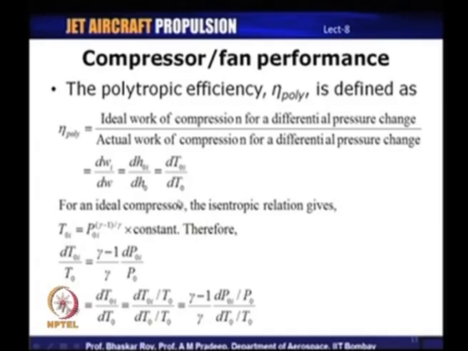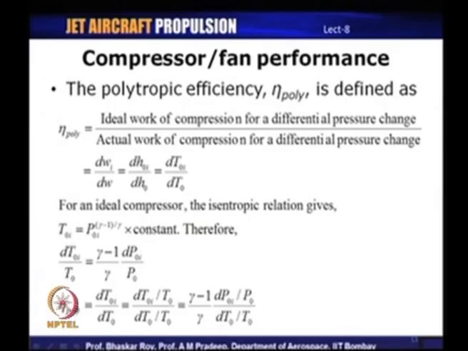Now, for an ideal compressor, we know that T0I is related to P0I raised to (gamma minus 1) by gamma into a constant, because temperature ratios can be related to pressure ratios using the isentropic relation. So, by binomial expansion, we can express this as dT0I divided by T0 is equal to (gamma minus 1) by gamma into dP0I by P0. This is from the first approximation using binomial expansion.